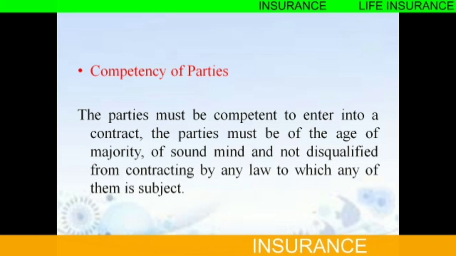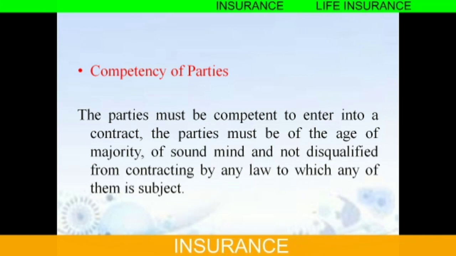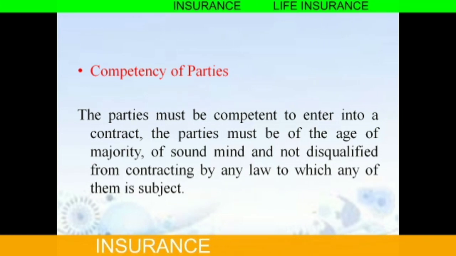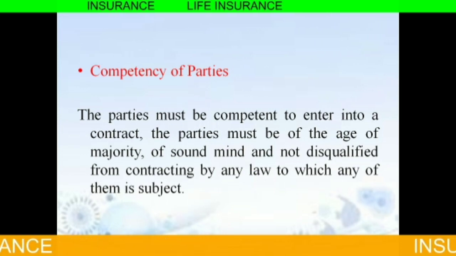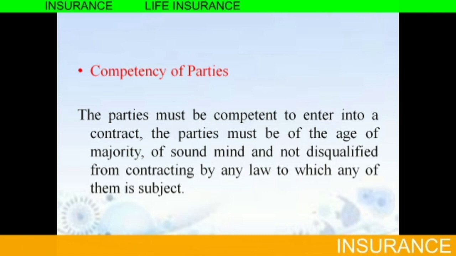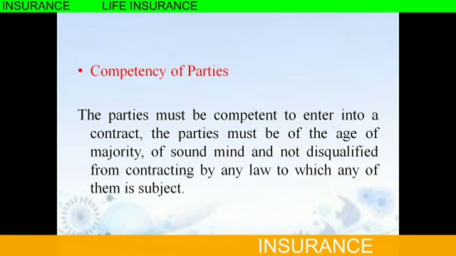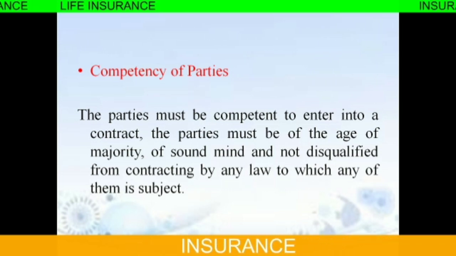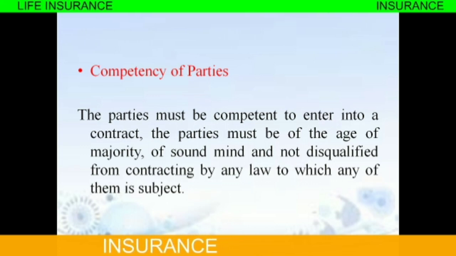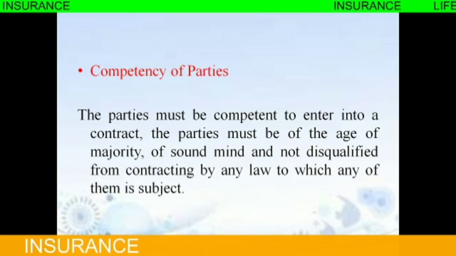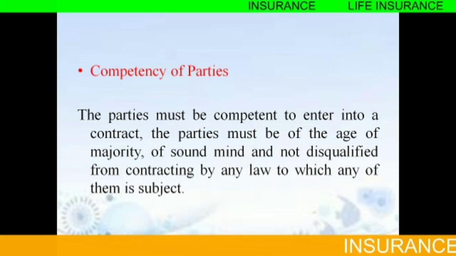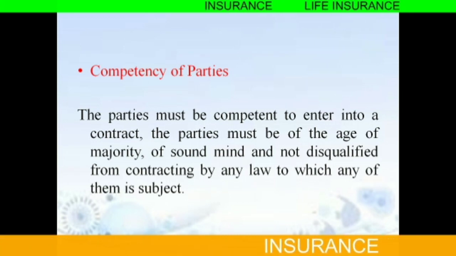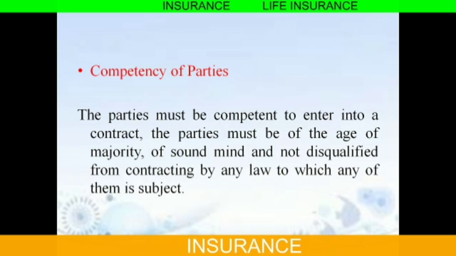So there must be the age of majority, sound mind on the part of the person entering into the contract, and no other disqualification. That is also measured while entering into a life insurance contract. So the competency of the parties is most important.